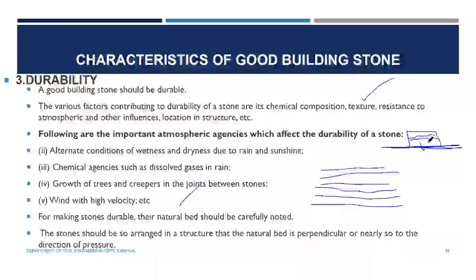So what will be the angle between this plane of pressure and natural bed? This is the natural bed. I have shown you two natural beds. This angle will be 90 degrees. That's what it means: the natural bed is perpendicular to the direction of pressure. The weight of the stone will be in the vertical direction. Natural bed should be in this horizontal direction. So the angle between them is 90 degrees.